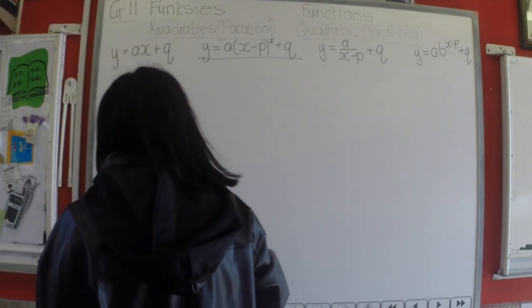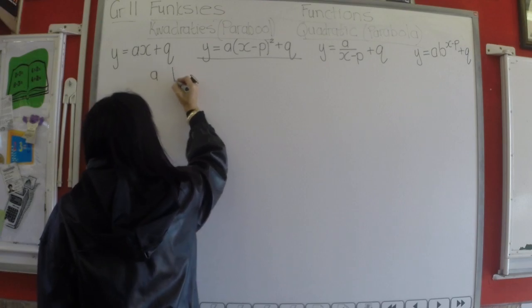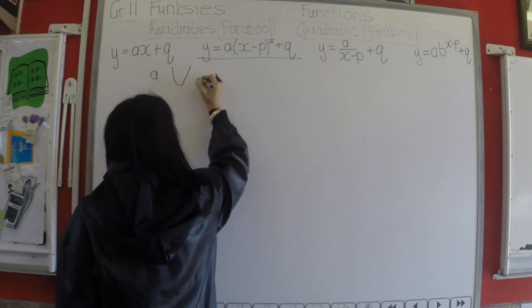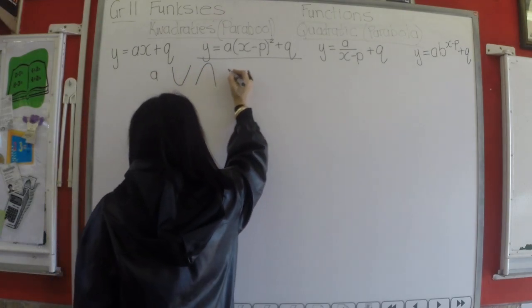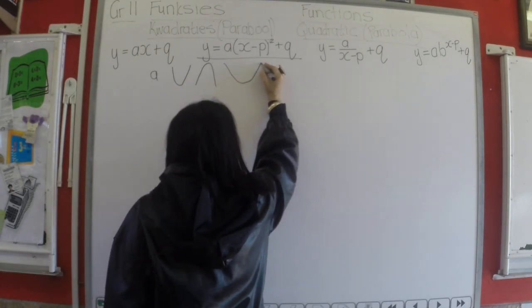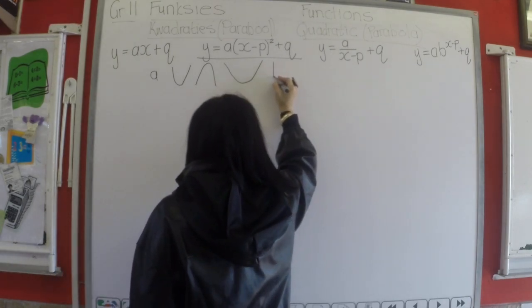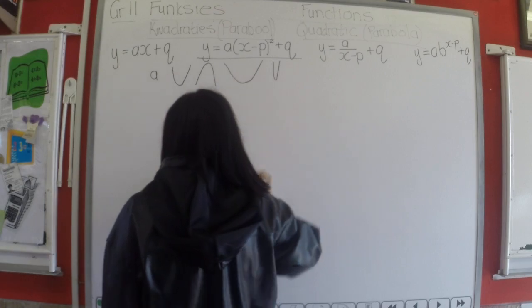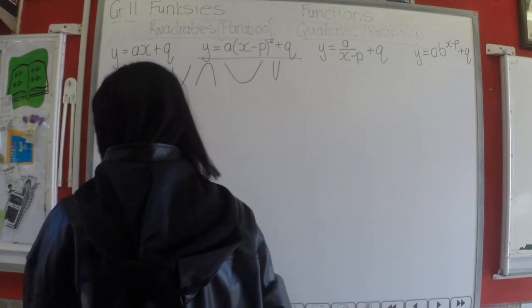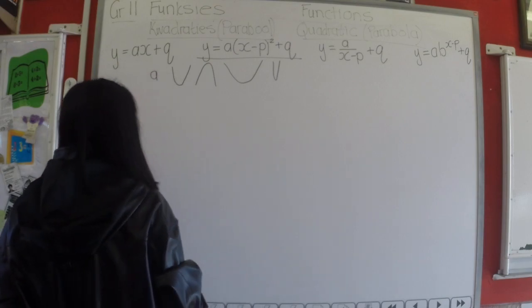So we know that the a value determines whether it's a smiley face or a sad face. And it also determines whether it's wide, that the arms are wide apart or close to each other. That's the function of the a value.